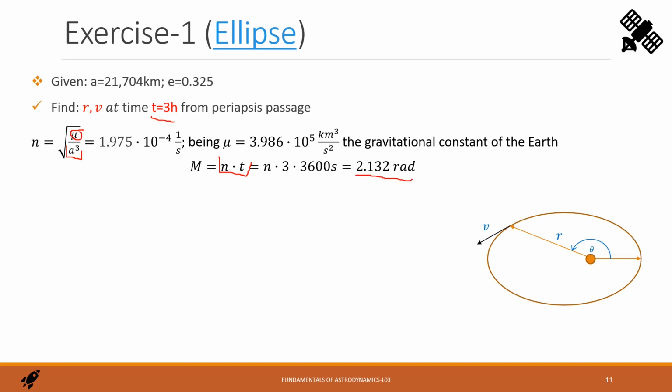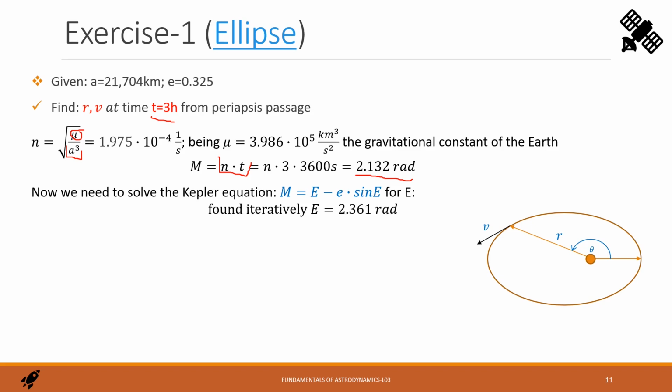We get 2.132 radians. From the Kepler equation, we get the eccentric anomaly capital E using a numerical method. For the guess value of capital E, we get the found M. Eventually, E turns into 2.361 radians. From E, we find theta using the tangent formula, and theta turns into 147.3 degrees.